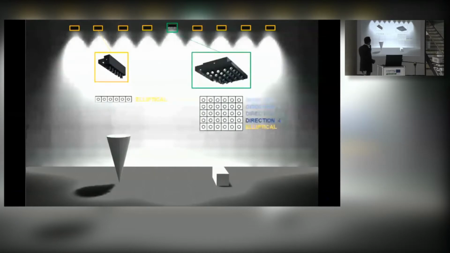The green one in the middle is 5 rows of 6 tubes, as you can see in the scheme. Each row has a rotationally symmetric optic with different directions, 4 different directions each row. And the last one has the same optic as the 6-tube luminaire, the same elliptical effect on the facade.